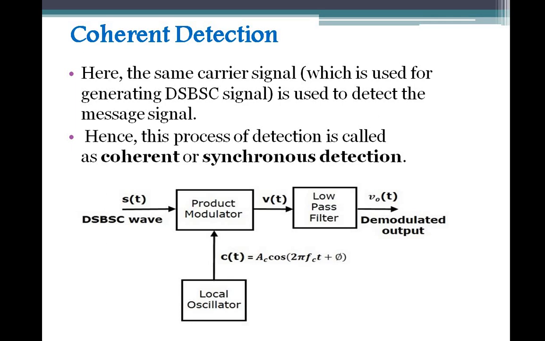We are using this phi for getting a similar phase carrier which is used at the transmitter side also. Okay, so this is how you will be getting a synchronous carrier which is used in your transmitter side also. So your local oscillator is given as an input to your product modulator, and S of t, that is the modulated wave, is given to the other input of your product modulator, which gives your output as V of t, and that is given to the low pass filter.